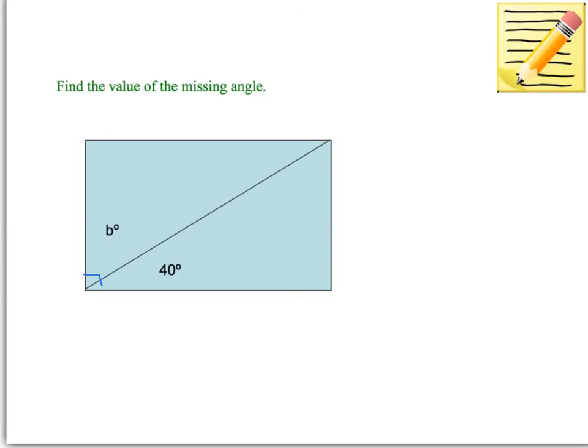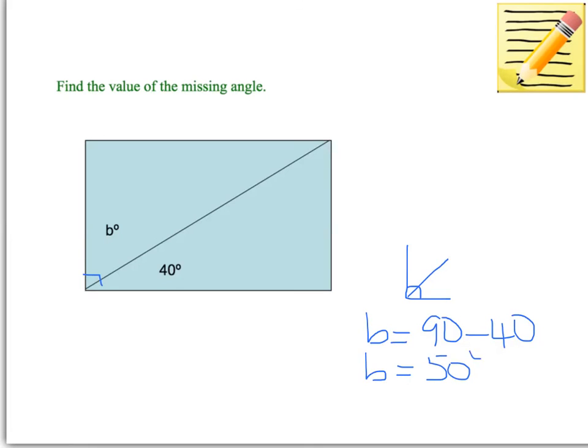So that would mean that it's complementary and B equals 90 degrees, take away 40, and that equals 50 degrees. It's as easy as that.